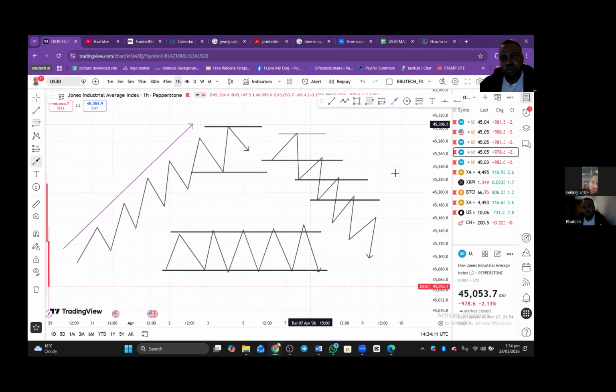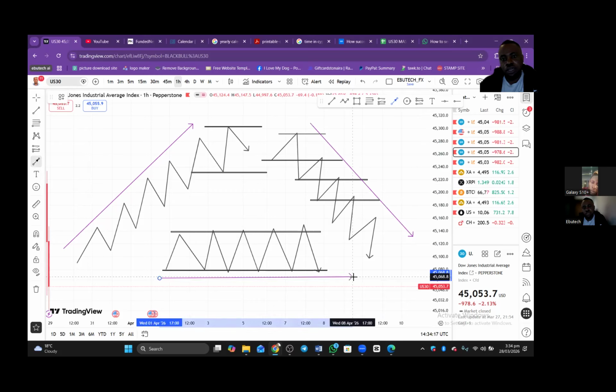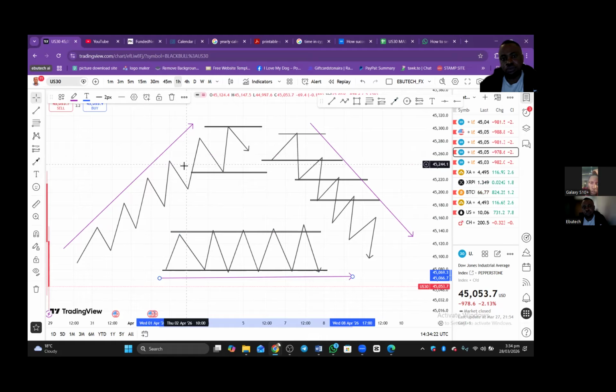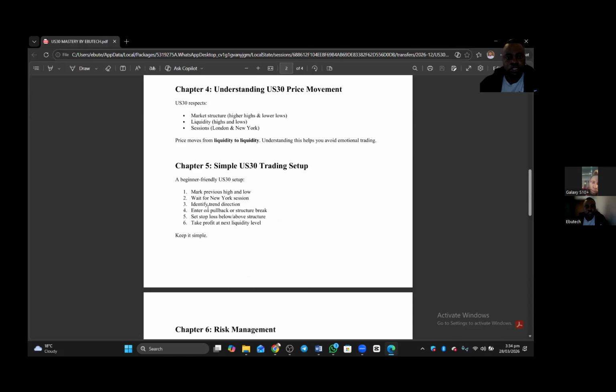Then the market moves sideways like this. Have it at the back of your mind. This is the way the market moves: up, down, then sideways. Right? So take note of that. So now, this is how you identify.